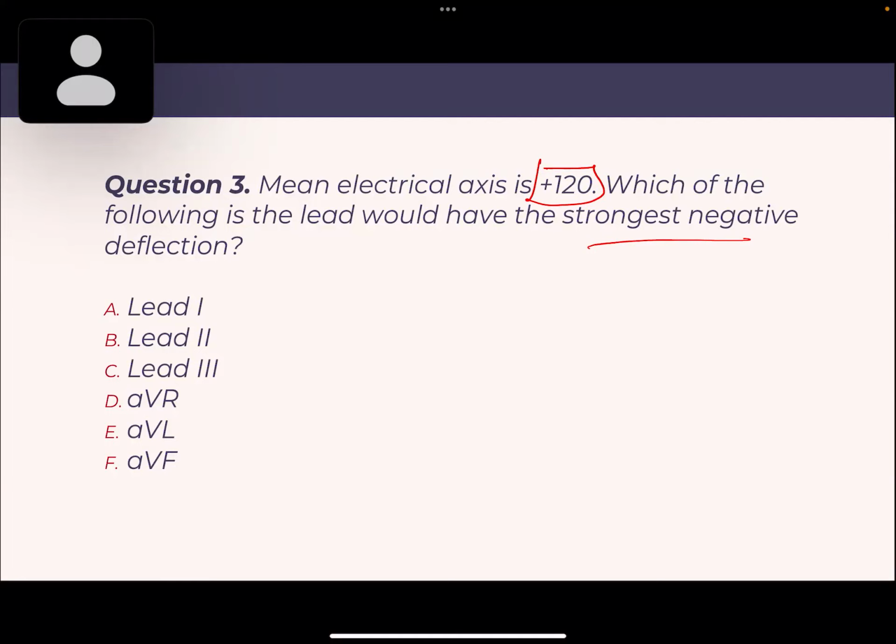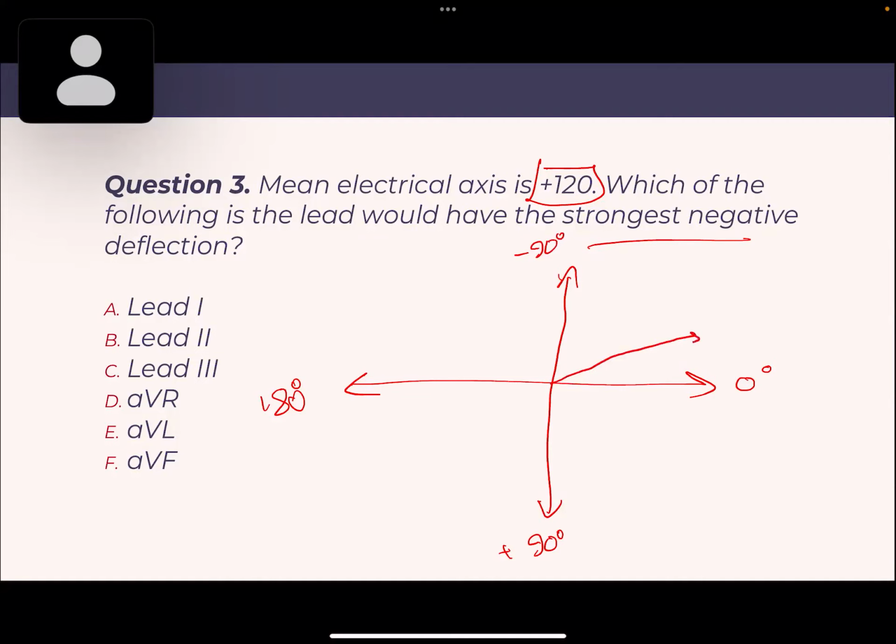If we go back and draw the circle, we draw the y-axis and the x-axis, and then we put 0 degrees, and then 180 degrees, 90 degrees, that is positive, and then negative 90 degrees. And then the extra details, which is negative 30 degrees.